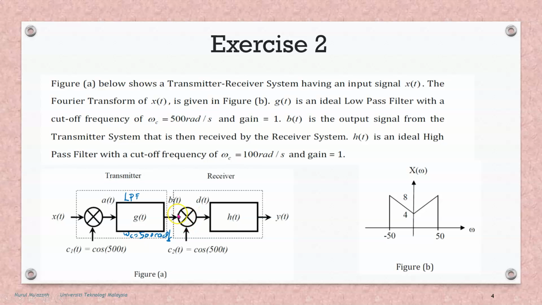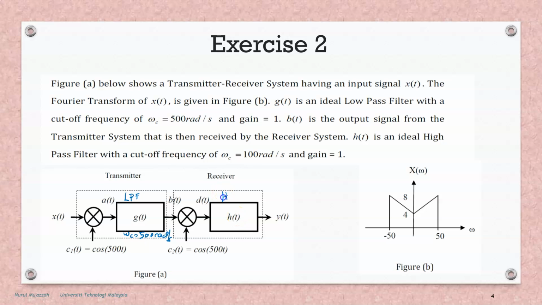Sorry, this is not a modulation process; at the receiver, it is demodulation. But basically, the process is the same as modulation. So bt is demodulated with carrier signal number 2, which has cosine 500t, and then it produces dt, and this dt goes through ht, which is an ideal high-pass filter.